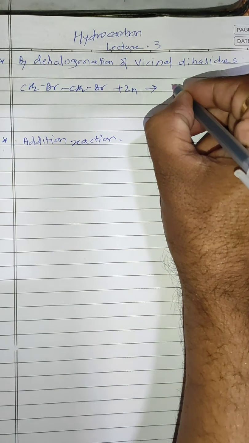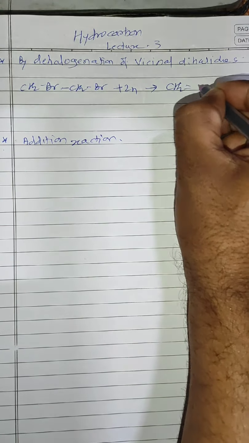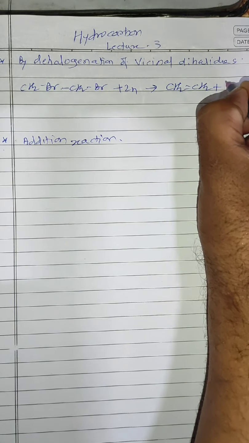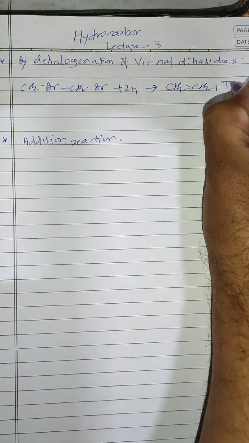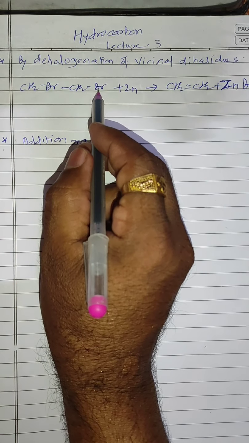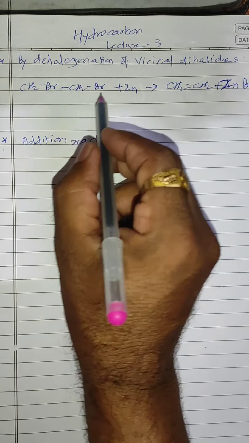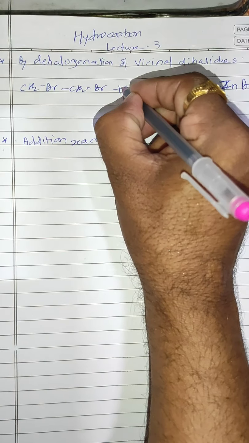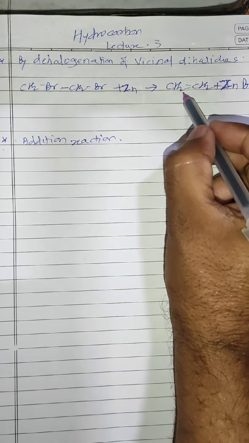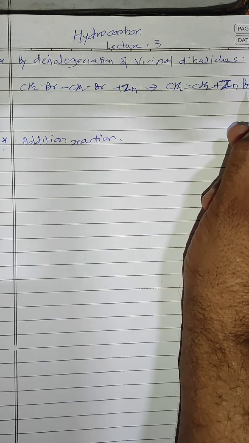It gives the corresponding CH2=CH2 plus ZnBr2. Now in this reaction, this ethylene dibromide is the vicinal dihalide. They are treated with zinc metal, they react together and it gives ethene plus ZnBr2.